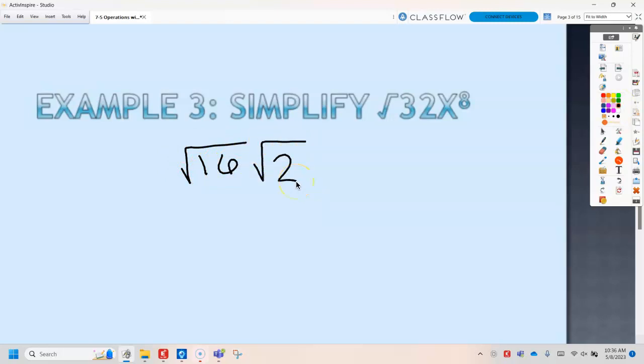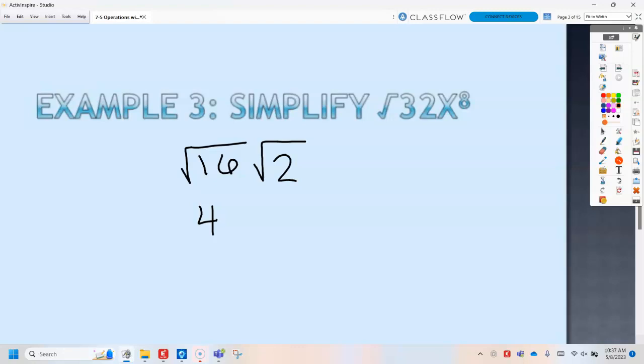Because 16 is a perfect square, that allows us to take the square root of 16 as the number 4 and separate them to get a perfect square with a non-perfect square.